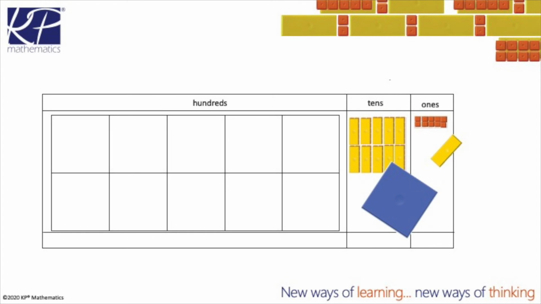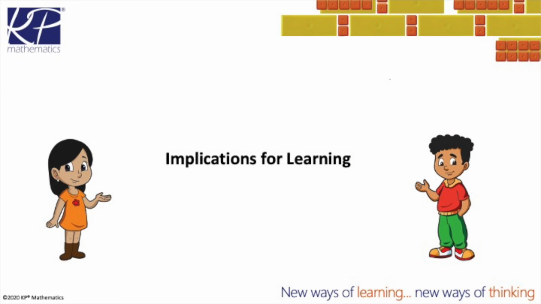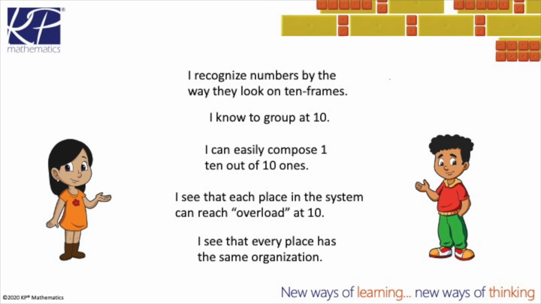A full 10-frame, the physical representation of an unacceptable quantity in that location, serves as a signal to group, and grouping makes trading unnecessary. The manipulative that children use makes a difference in what and how they learn. The 10-frame shapes learning by promoting base 10 thinking. Children begin thinking in terms of 10.